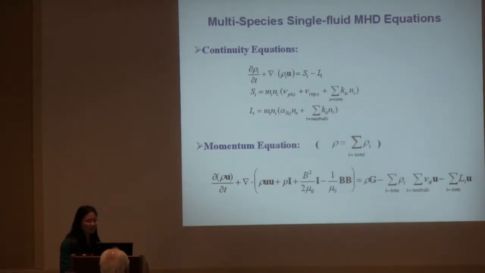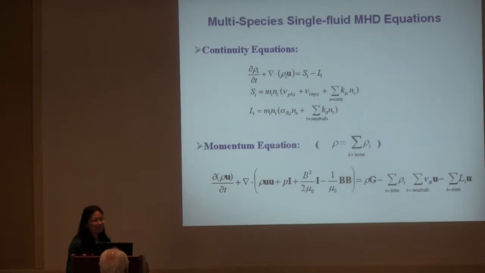So the method that we are using to simulate this interaction is a multi-species single fluid MHD model. This method was first introduced by Tanaka in 1997, where he simulated two-fluid and two-component interaction for Venus.